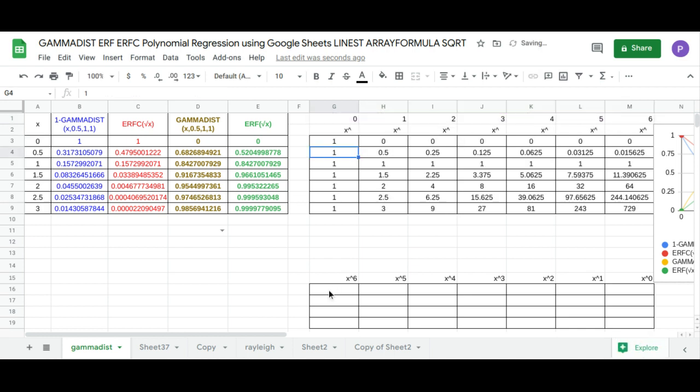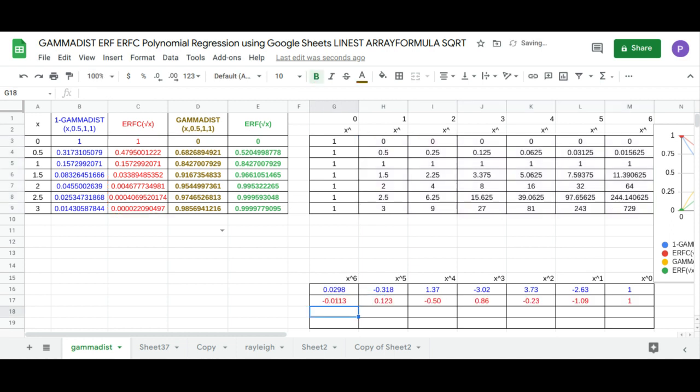And we calculate the polynomial regression coefficient using LINEST, starting with the complementary of the GAMMADIST, data y and data x. Then the complementary error function, data y and data x.